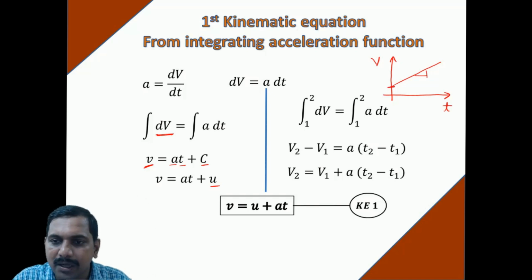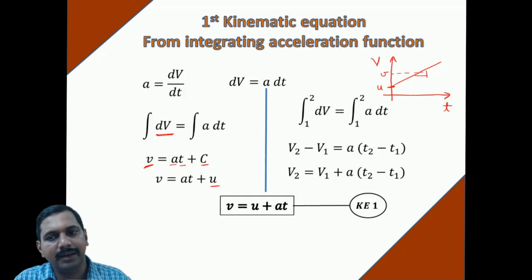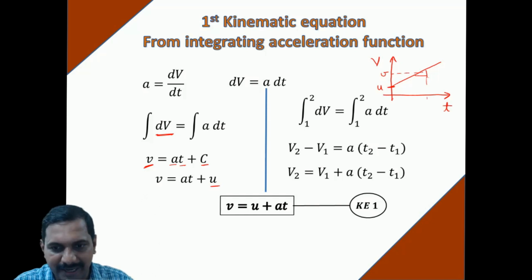Here this one would be u, and any point here would be v. What v is depends on the acceleration into the time elapsed between those two points. Hope you understood.